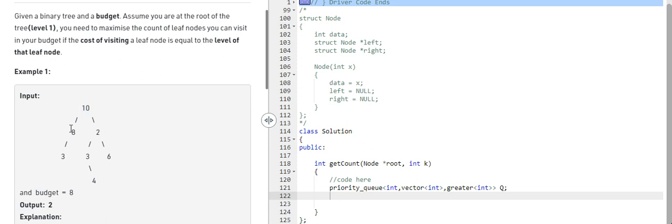We have to traverse the tree, and you can use any traversal. I use BFS because BFS can give the level. This level is 1, this level is 2, this level is 3, and the level is 4 for this node. We can find levels using BFS. So take another queue, which is only a simple queue.